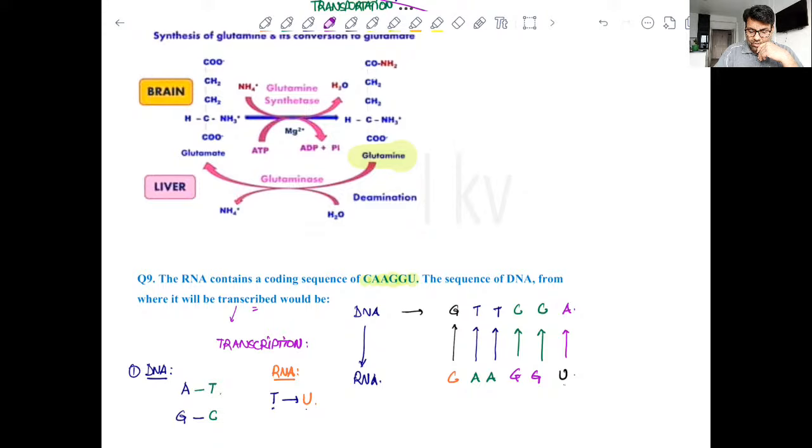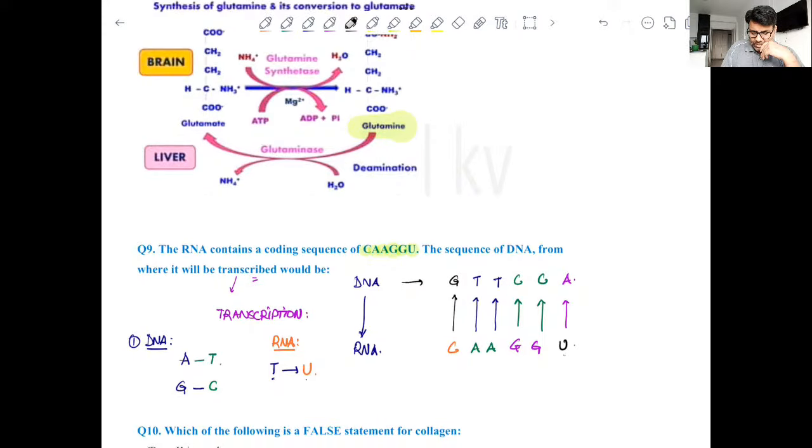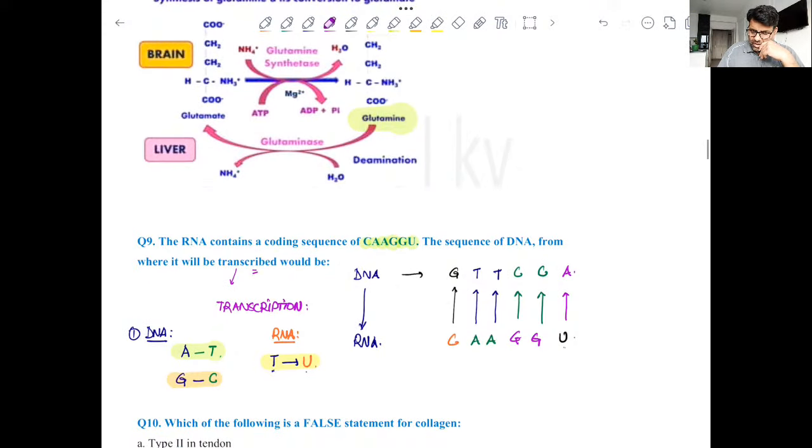Clear? So the important thing which you need to remember here is the base pairing rule. Number one, you should remember the base pairing rule. A with T, G with C. Secondly, in RNA, you have to replace T with U. Now here there is one more easy way of getting the answer. You can think of the process known as replication.